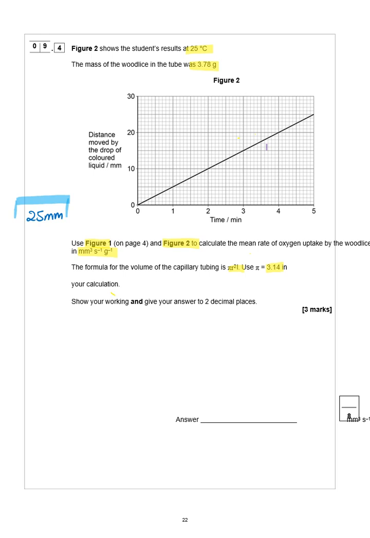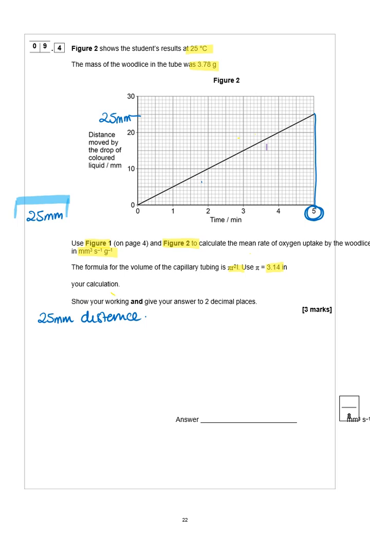So if I went to 5 minutes on my graph, I could read off the same idea that the distance that the coloured liquid moved was also 25 millimeters. So the fact that the distance is 25 millimeters, that's our L. That's the length that the actual liquid has moved.